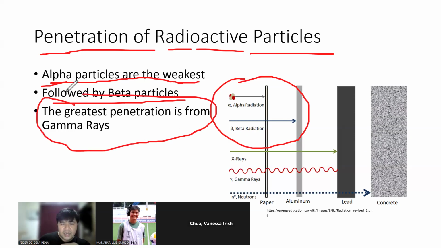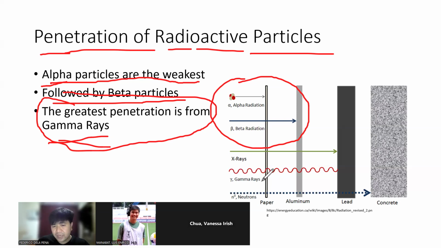The radioactive particle with the greatest penetration is the gamma rays.